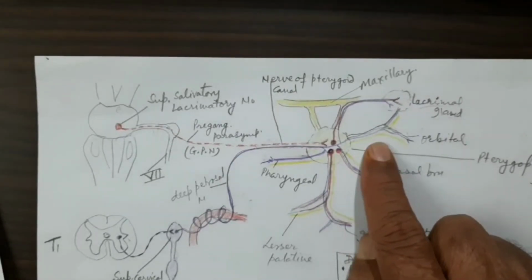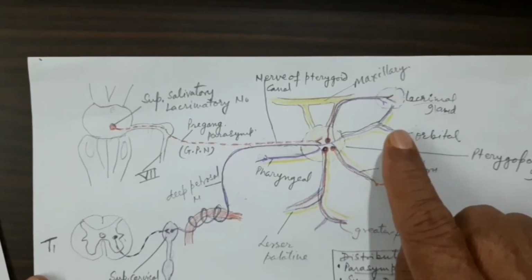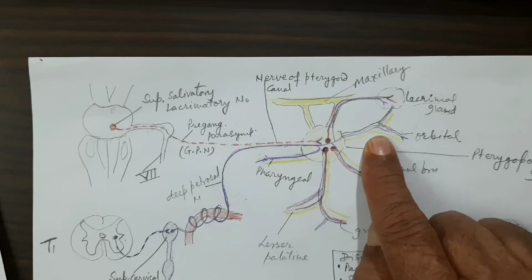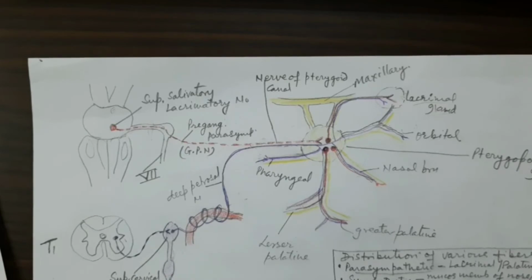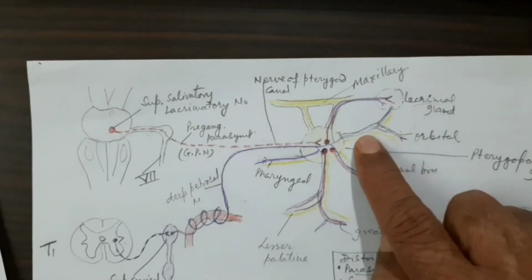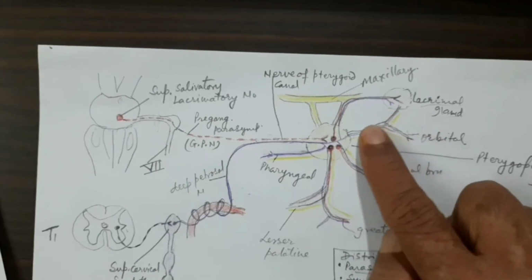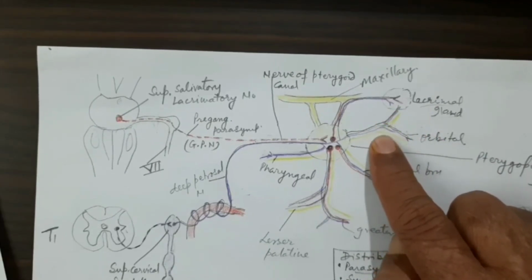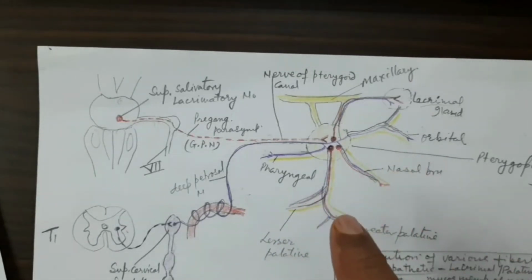So this nerve, the orbital branch of the ganglion, gives the sensory supply to that, and the sympathetic supply to the mucous membrane of the paranasal air sinus. The parasympathetic fibers are not going, because it is not supplying a gland; it is supplying the blood vessels and the mucous membrane of this paranasal air sinus.